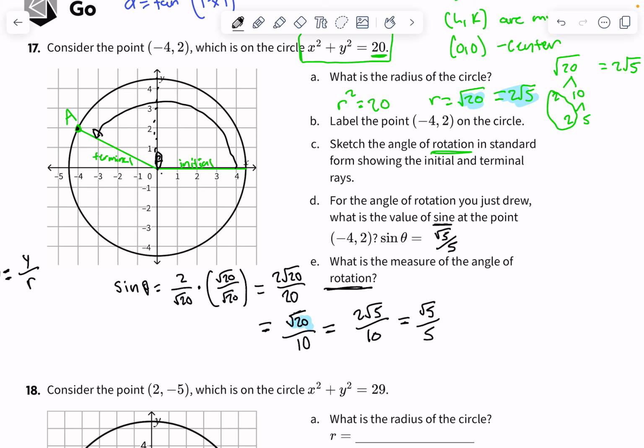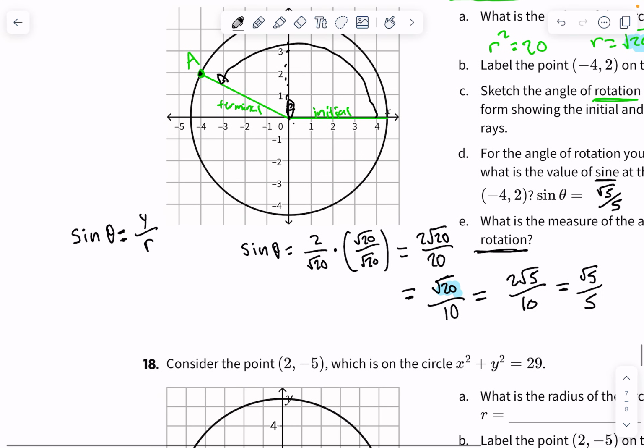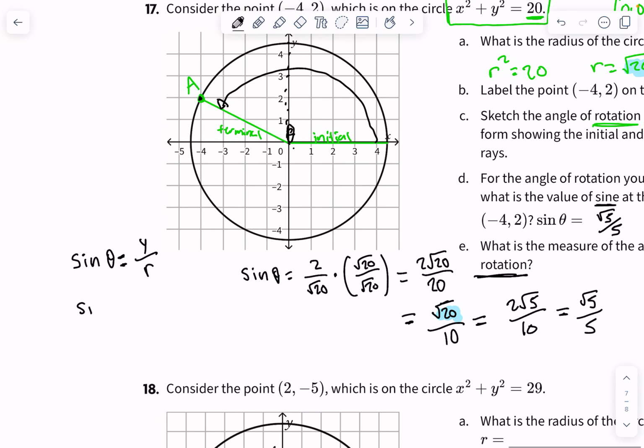If we know that sine of theta is a value, so sine of theta is equal to square root of 5 over 5. Then theta is equal to sine inverse of square root of 5 over 5.